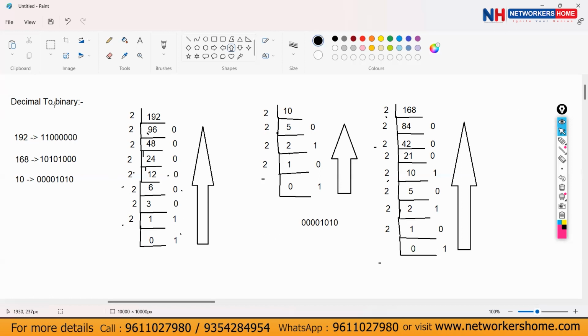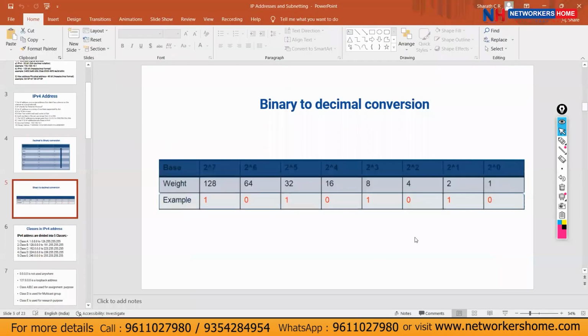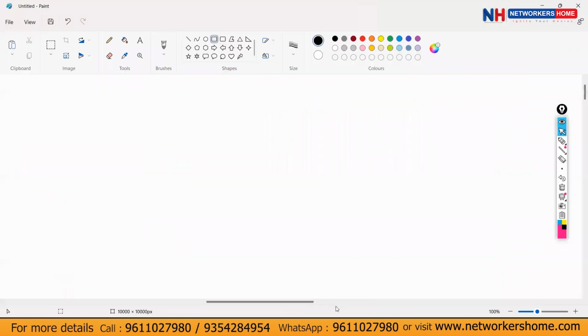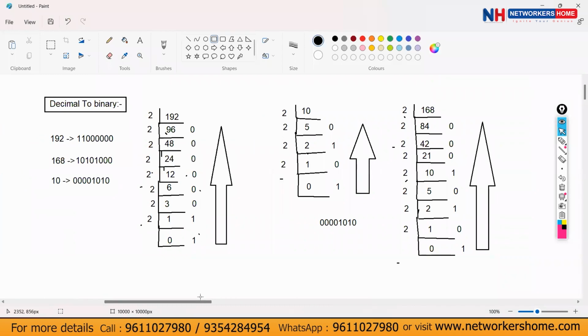So, understood decimal to binary conversion? Okay, guys, understood? Decimal to binary. Now, if we are given binary, the same number, can you convert to decimal?